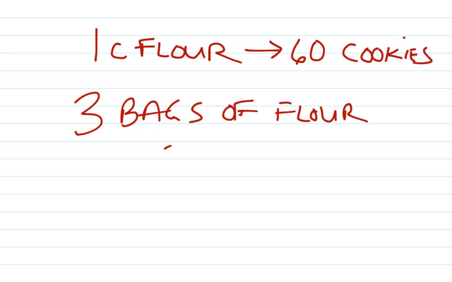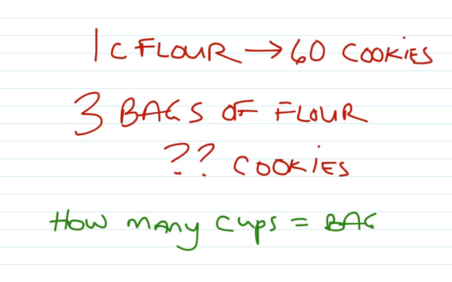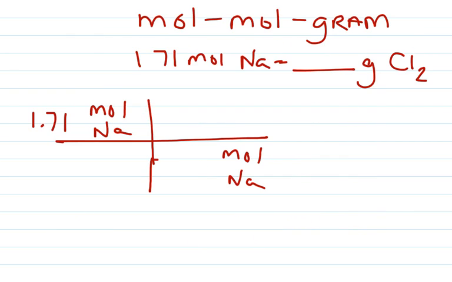You can't. You don't know how many cookies that's going to be until you find out one thing. The one thing you have to know to be able to solve this is how many cups are in a bag. Okay?